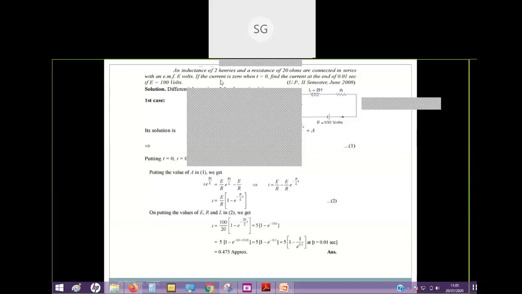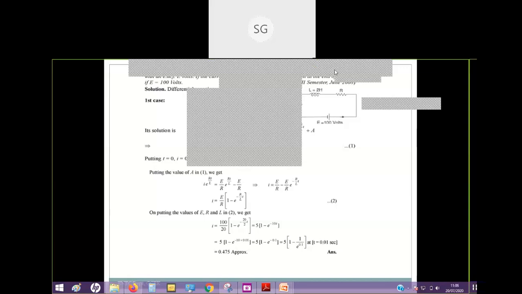An inductor of 2 Henries and a resistance of 20 ohms are connected in series with an EMF of E volts. If the current is 0 when t is equal to 0, so what they have given here is, if current is 0 at t is equal to 0.